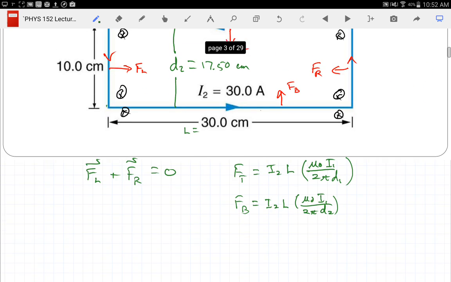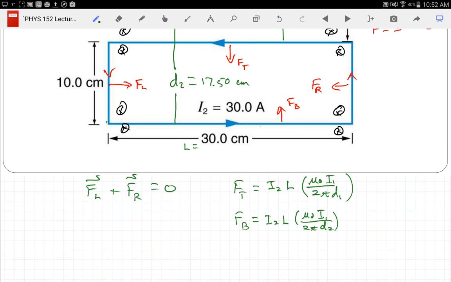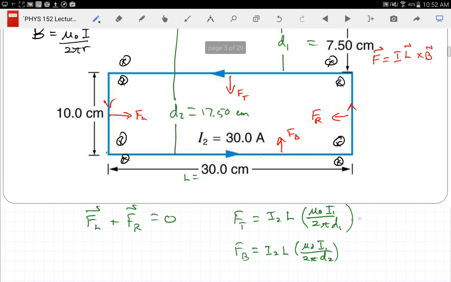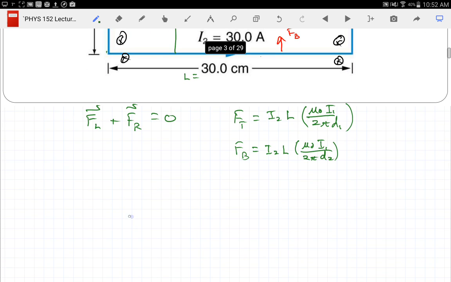Now, I'm not going to put numbers in. We don't have enough time, but you can see the method. Now that we have that, we'll find force top is bigger than force bottom, so the net force is going to be a downward force, and we'll get the numbers from this. Do remember, when you add the vectors, there was somebody who forgot and did this wrong on the test.